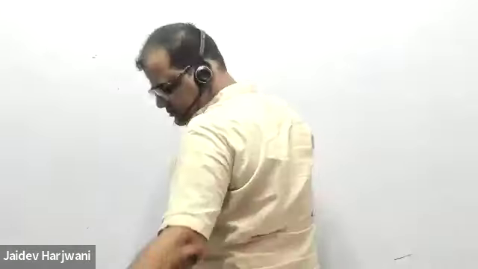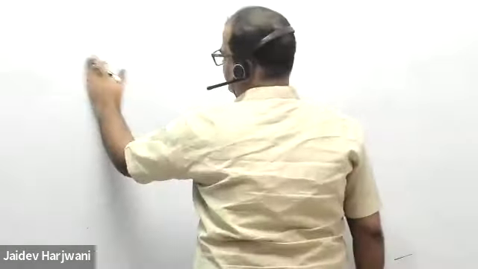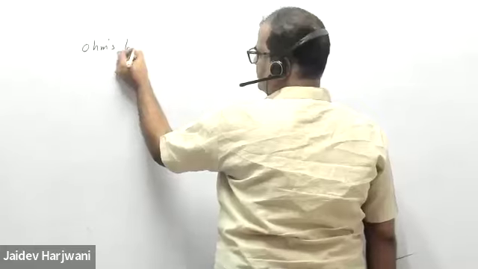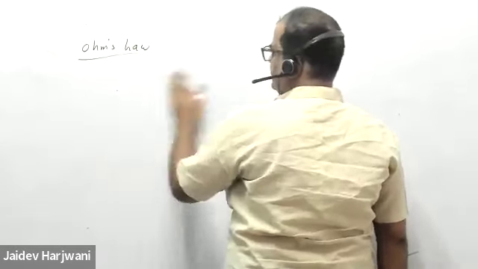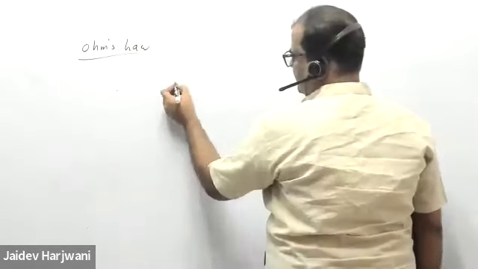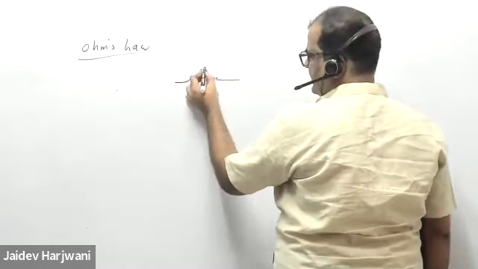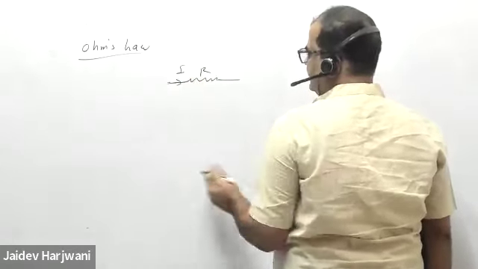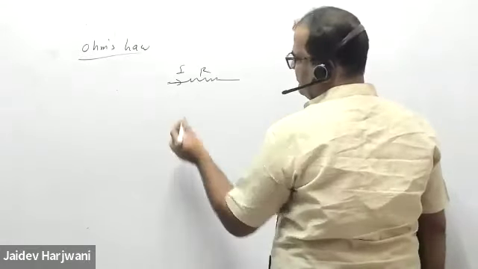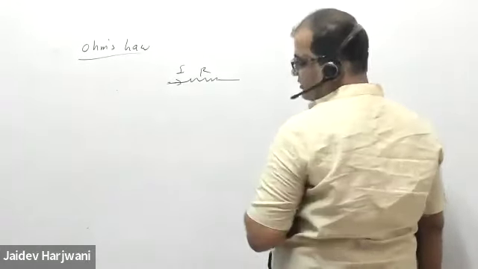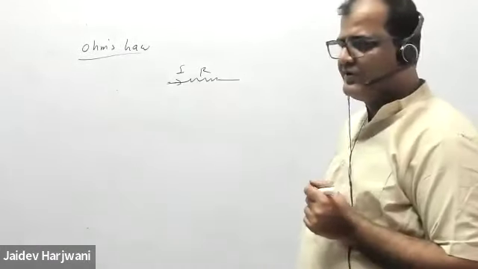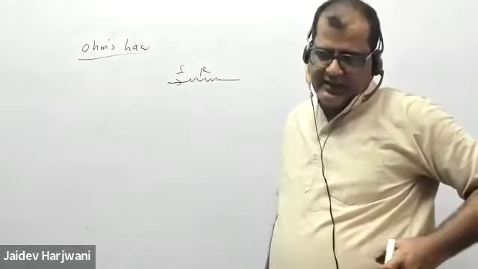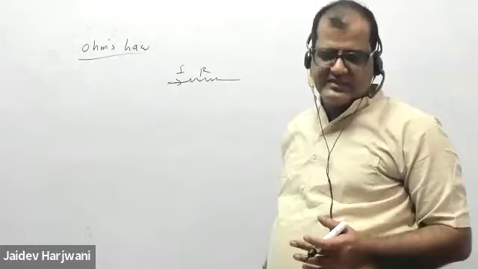Now Ohm's law, all of you know. If there is a resistor R and a current I is flowing, what is the voltage? V is equal to IR or V is equal to minus IR; that depends on how I'm measuring the voltage.